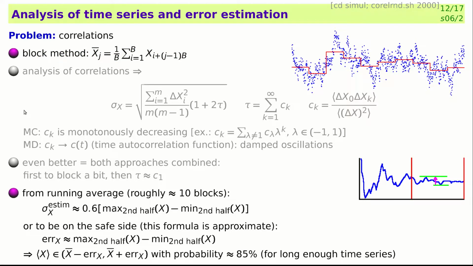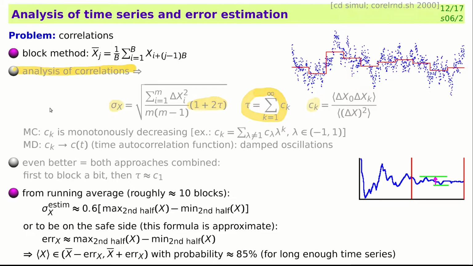We can also proceed by the analysis of these correlations. Such correlations can be determined by means of the so-called correlation coefficients, and in turn we'll get the formula which looks like the formula I showed you before, the standard one, and here it's multiplied by something where tau is called the correlation length, but it goes beyond the scope of this talk, so I have it in gray.